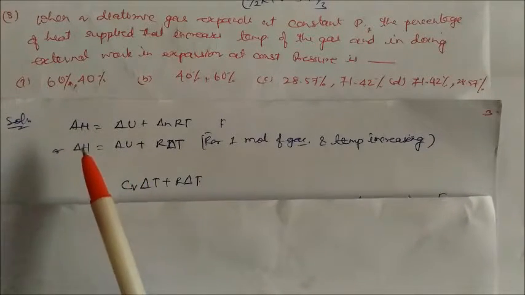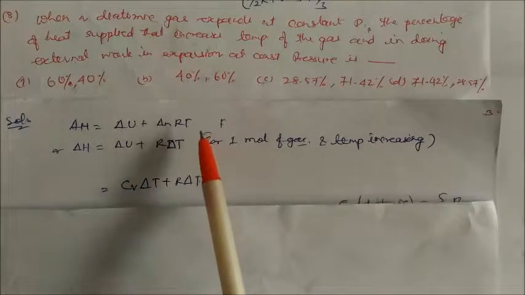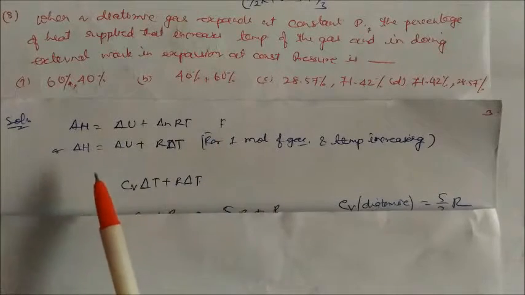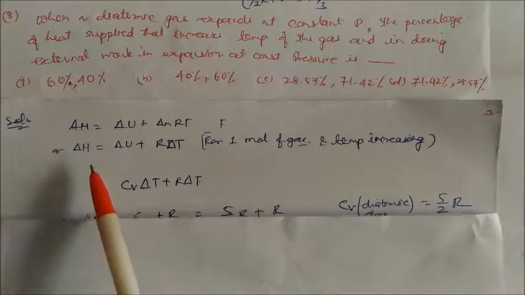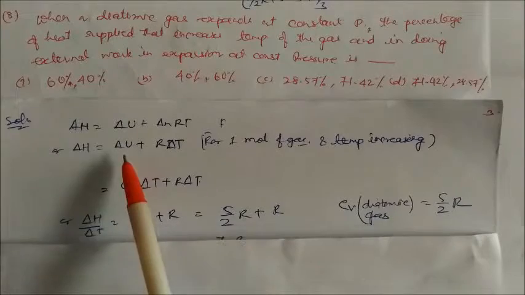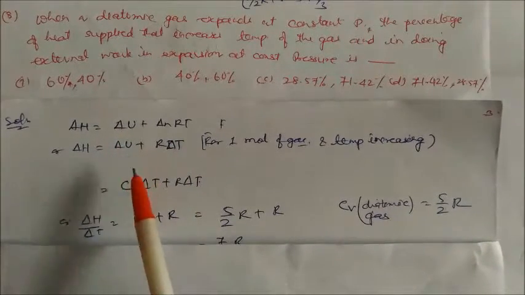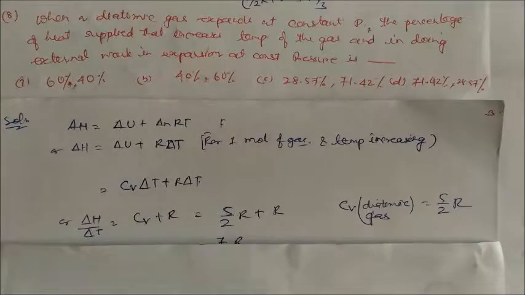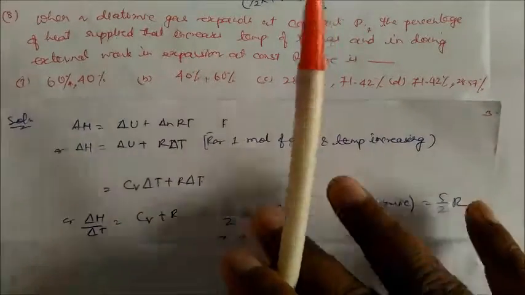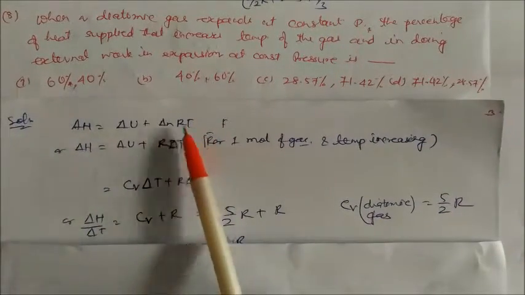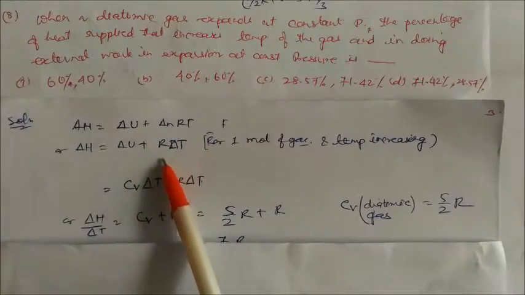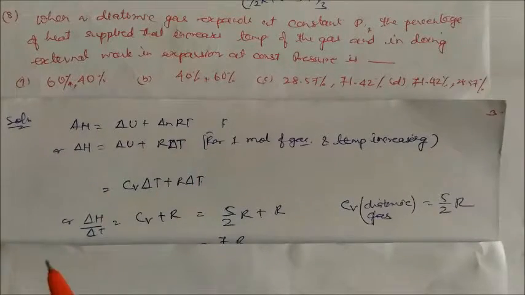We know that ΔH is equal to ΔU plus ΔnRT, or for 1 mole, ΔH is equal to ΔU plus RΔT. ΔU can be written as CvΔT. If the temperature also changes, we can write R into ΔT also, both are possible.